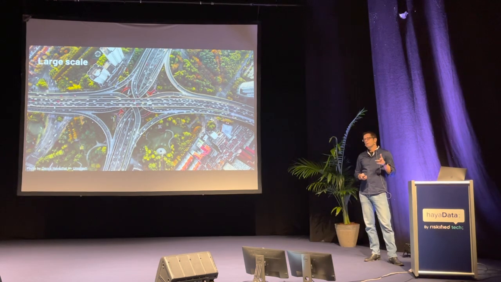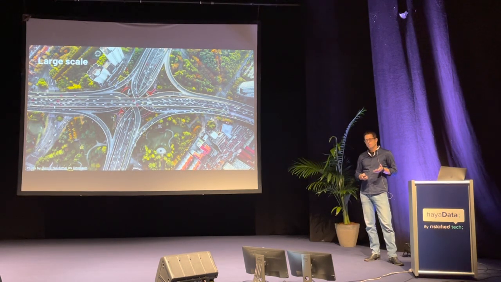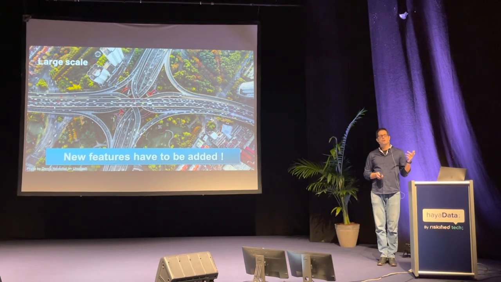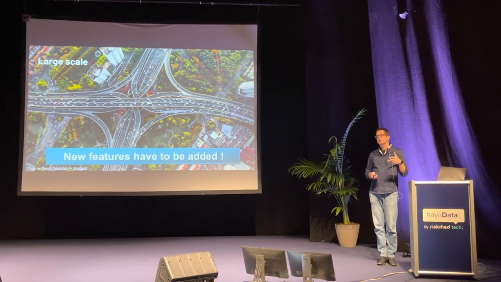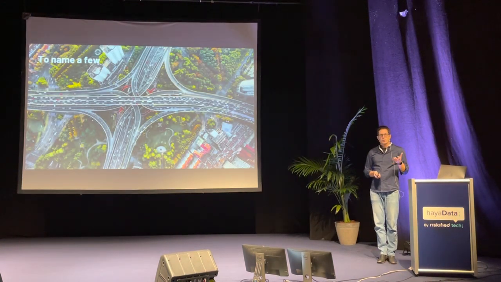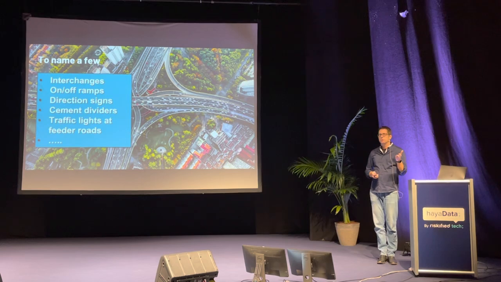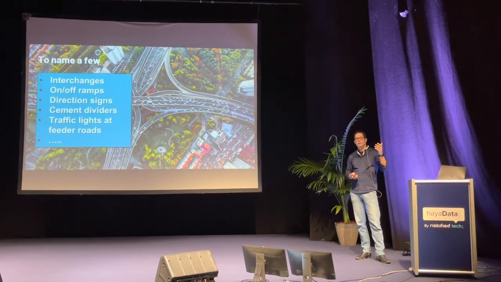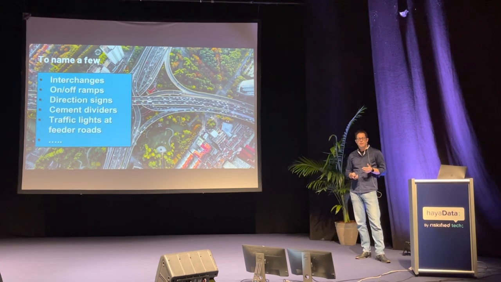And in order to be able to handle all this traffic, we need to add new features to the road. And the new features are aimed at solving all these bottlenecks that crop up. If we look at a road, the new features we add, just to name a few, are interchanges, right? On-off ramps, which allow the cars to speed up so they don't slow the traffic on the road.